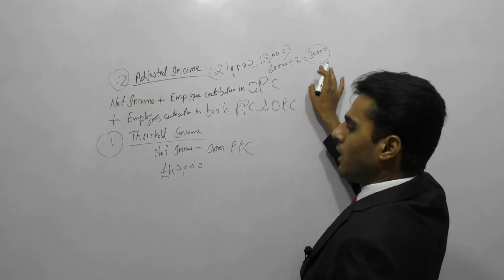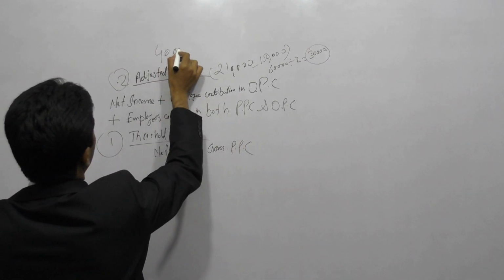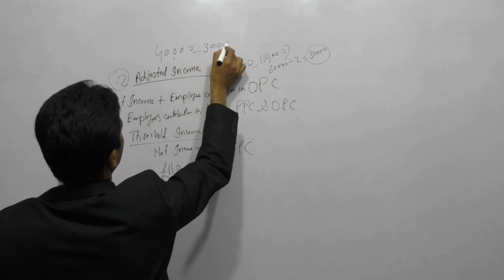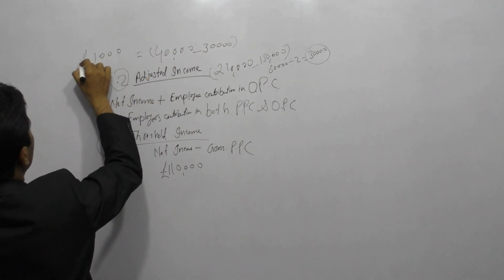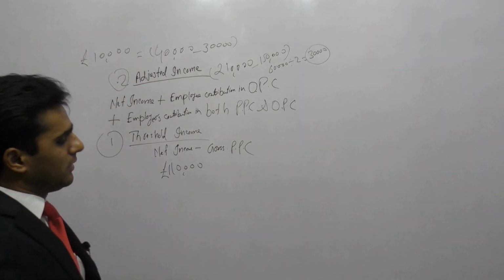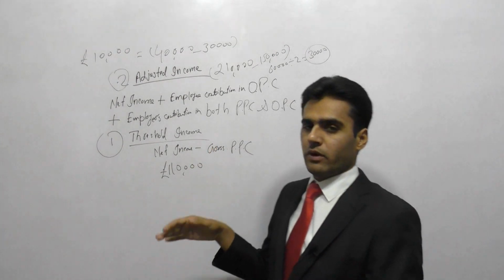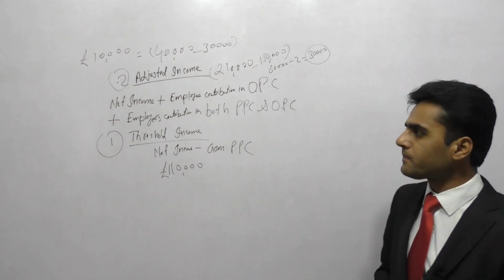So our annual allowance will be reduced by £30,000. Our normal annual allowance is £40,000, and it will be reduced by £30,000. So the remaining amount is £10,000. The minimum our annual allowance will be is £10,000. We cannot reduce it to less than that.